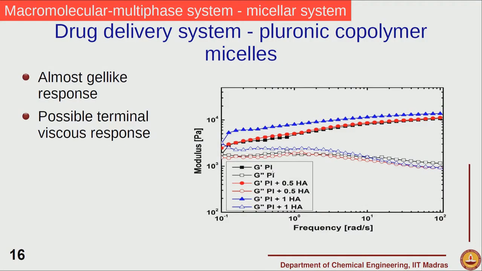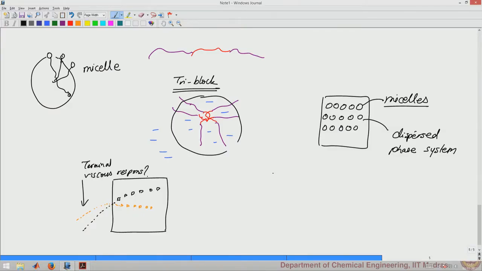So, one other probe which can be used in such kind of systems, which are also called soft glassy materials. Soft because the overall modulus of the material is not very high, they are not very stiff materials, but at the same time they seem to have a glassy response in terms of a particle confined in a cage.